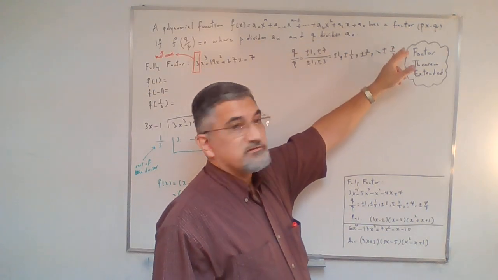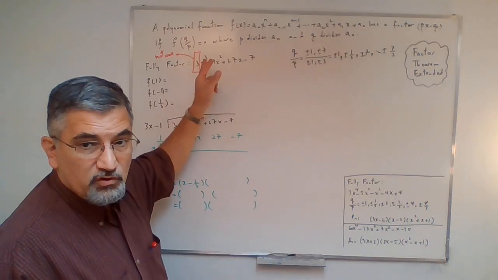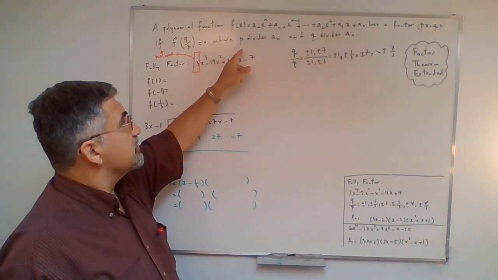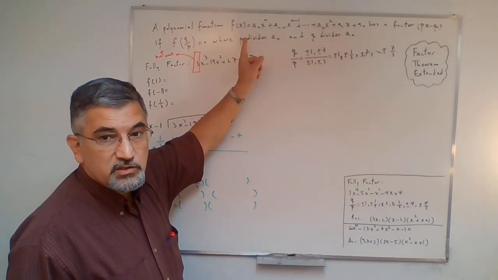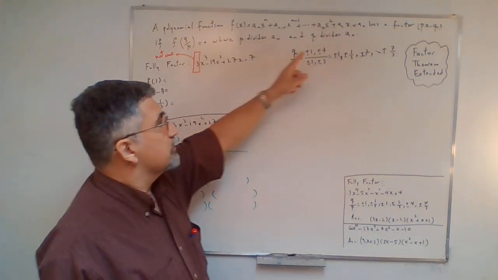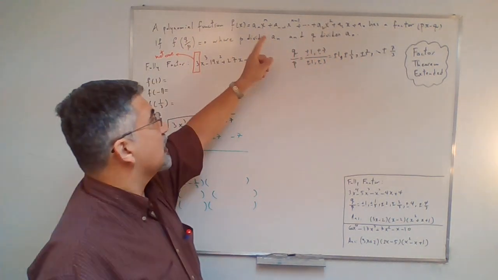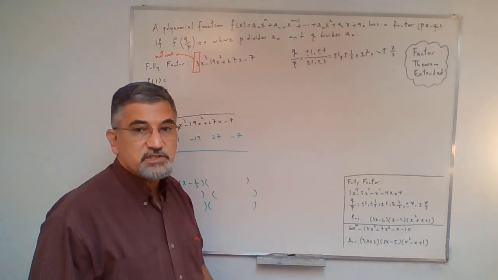Now you're saying it has a factor of px minus q if f at q over p is equal to 0, where p, which is the denominator, divides a sub n, which is the leading coefficient, and q, which is the numerator, divides a sub 0, which is the constant term in the polynomial. That's what factor theorem states.